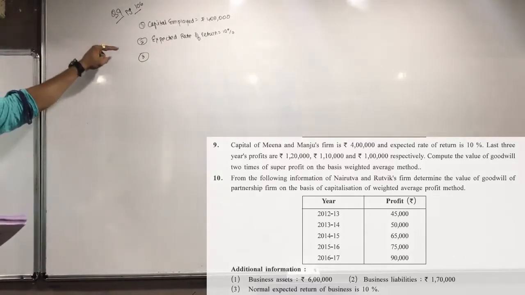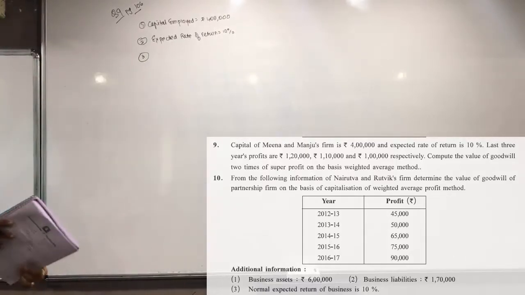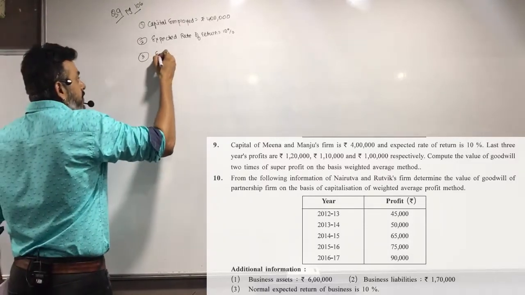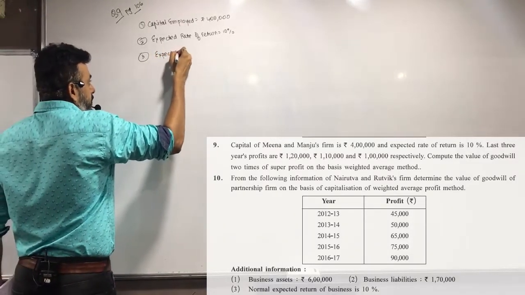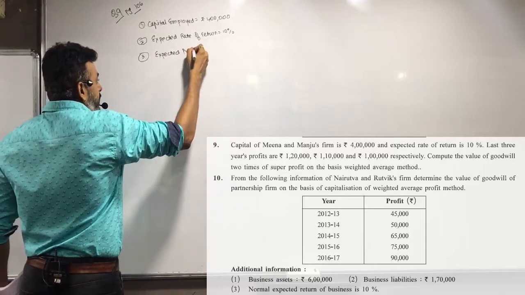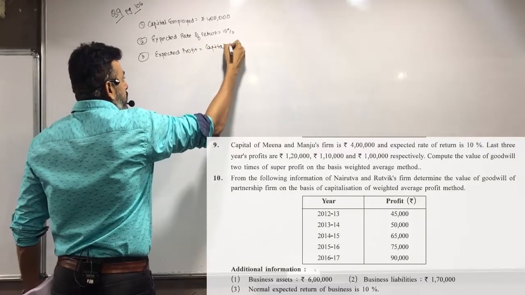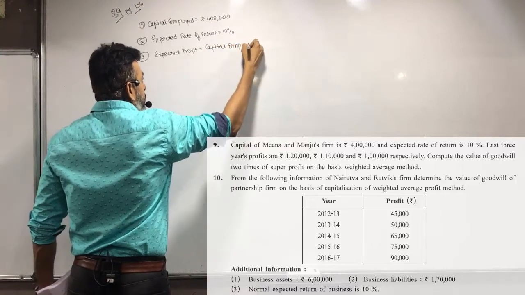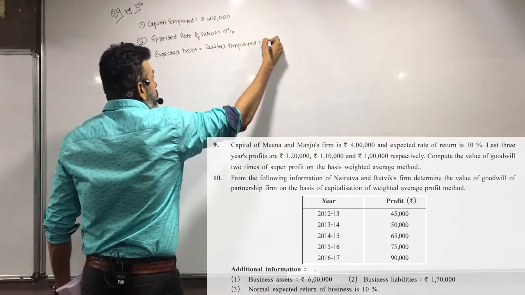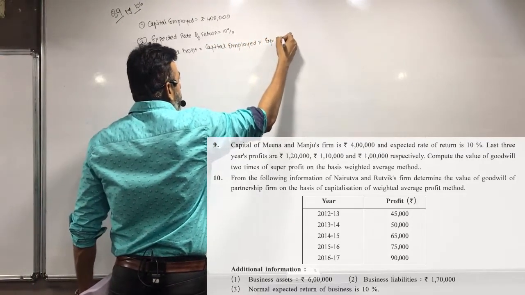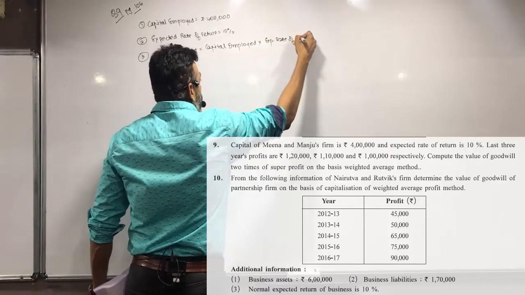Third, now we have expected rate of return, we have capital employed. So what is our expected profit? Expected profit is equal to capital employed into expected rate of return upon 100.